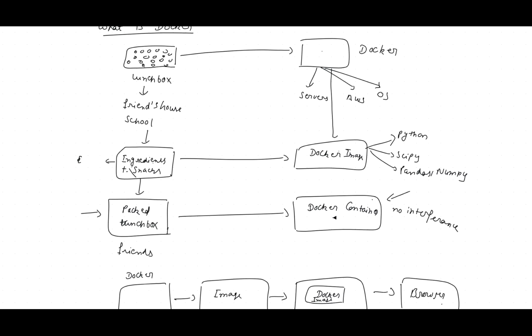It does not depend on any environment. It is isolated, right? Because it contains everything required inside. And whenever you run this, it will run inside this container, just like you pack your lunch inside the lunch box, like the bag. Okay. So this is the definition.